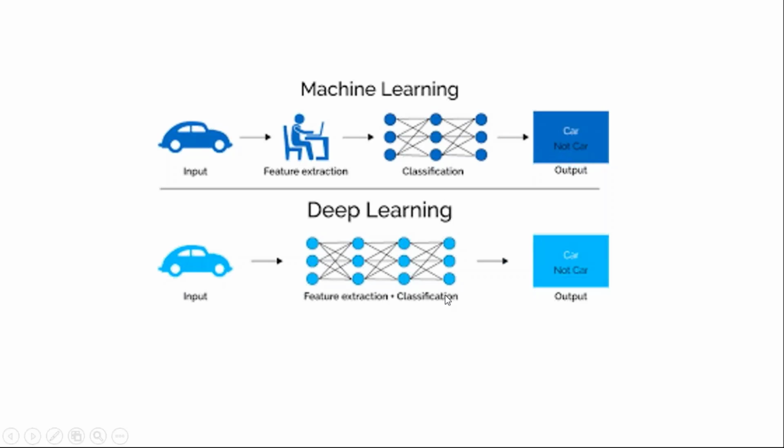Whereas in deep learning, all the things, including feature extraction and classification, will be looked after by itself, and it will give us the output. Someone should be there to extract the features from an image or any data and give it as input to the model, whereas in deep learning, if we give data as an image, all the things will be looked after by the neural network and it will give us the output.